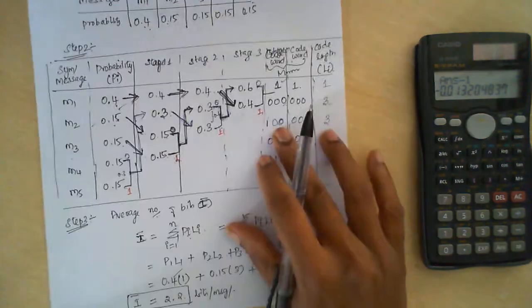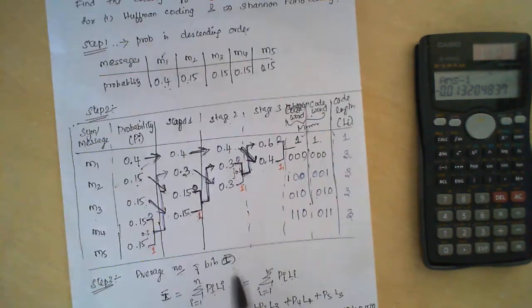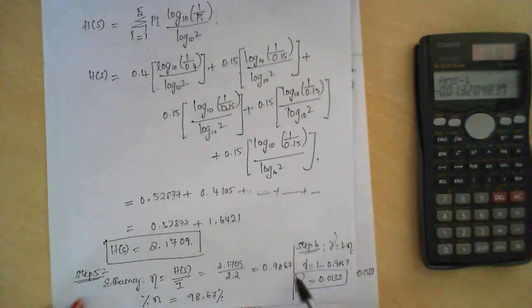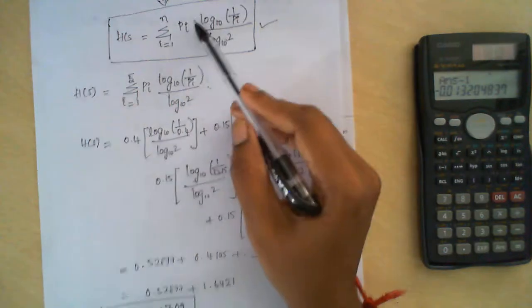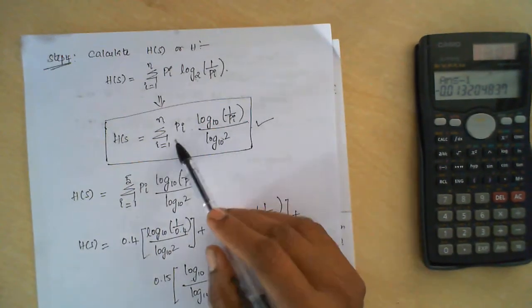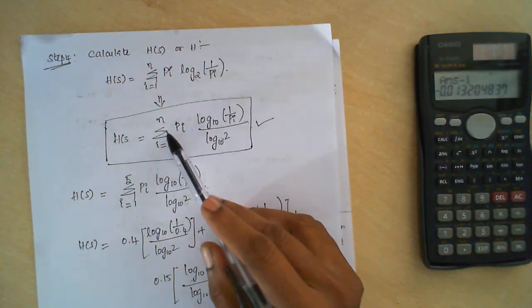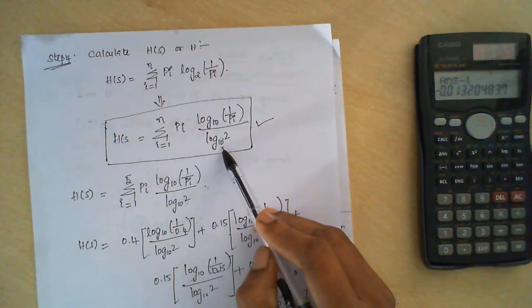So remaining here is the formula substitution only: calculation of L bar, calculation of entropy, and calculation of efficiency and redundancy. The important step you need to identify here is that when calculating entropy you should go for the formula only, that is summation i ranging from 1 to n of p_i log base 10 of 1 by p_i divided by log 2.